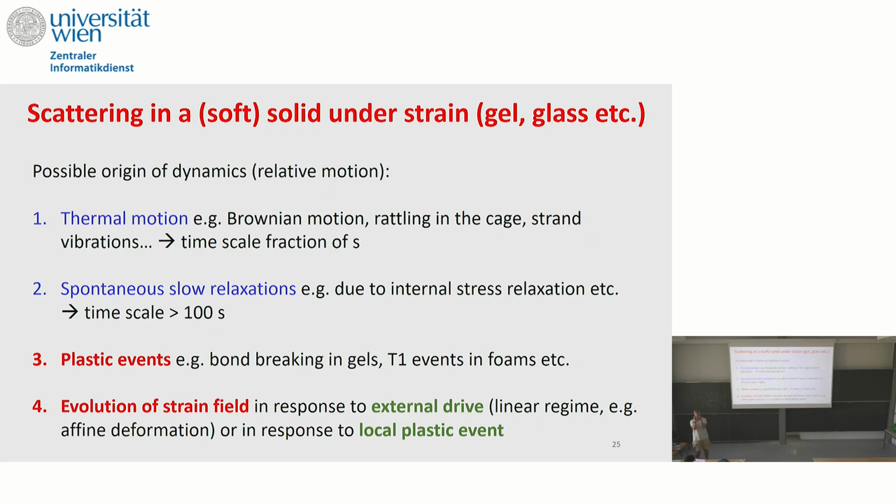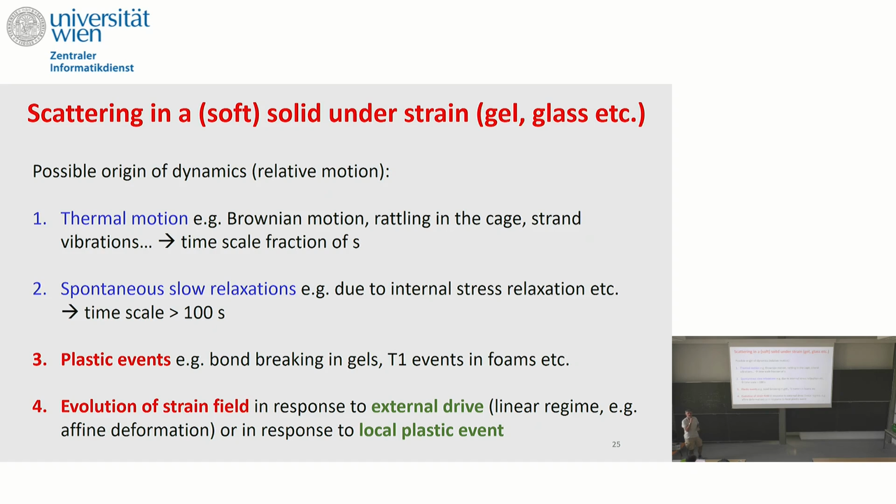That will locally change a little bit the position of the bubbles in the foam. So at least locally, you will get a contribution to the decay of the correlation function. In a gel, if you have a bond that breaks, well, locally you have a strand that was like that, perhaps, and when the bond breaks, it's like that. So you have moved things where this event has occurred.